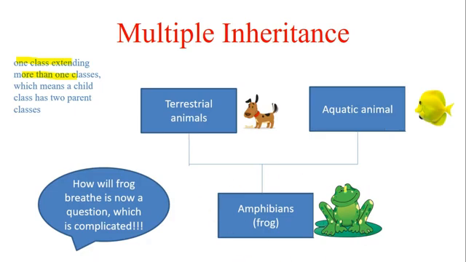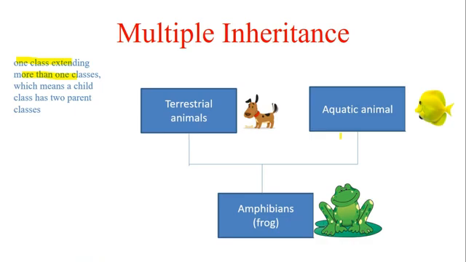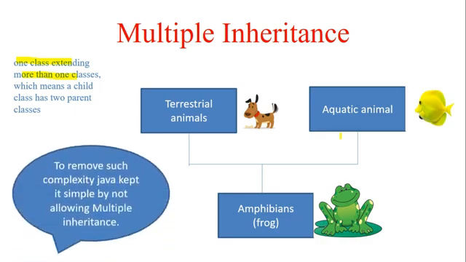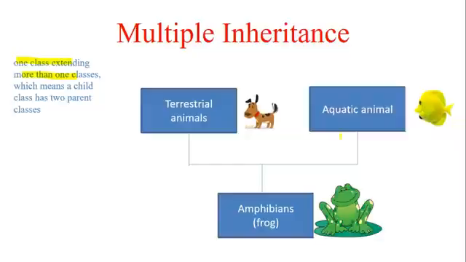So this is very complicated. They have actually modified themselves to have methods from both animals, the terrestrial animals and aquatic animals. But in Java, to remove such complexity, the people behind Java did not allow multiple inheritance. So as you can see from here, multiple inheritance is not allowed in Java.